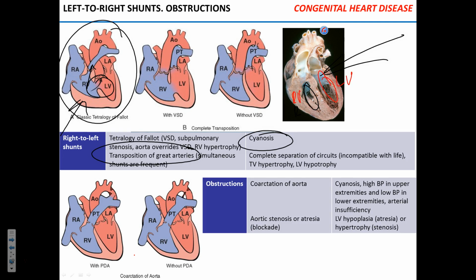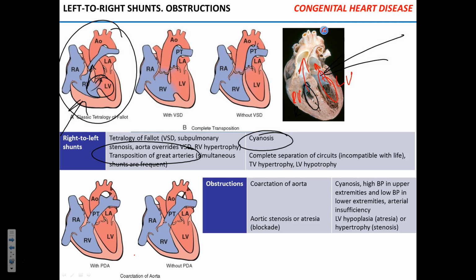This is the left ventricle. Now, the left ventricle is supposed to be connected to the aorta, but here in this image it is connected to the pulmonary trunk. The right ventricle is supposed to be connected to the pulmonary trunk, but instead it's connected to the aorta. So what essentially happens is that the systemic circuit and pulmonary circuit are completely separated. Absolutely separated.